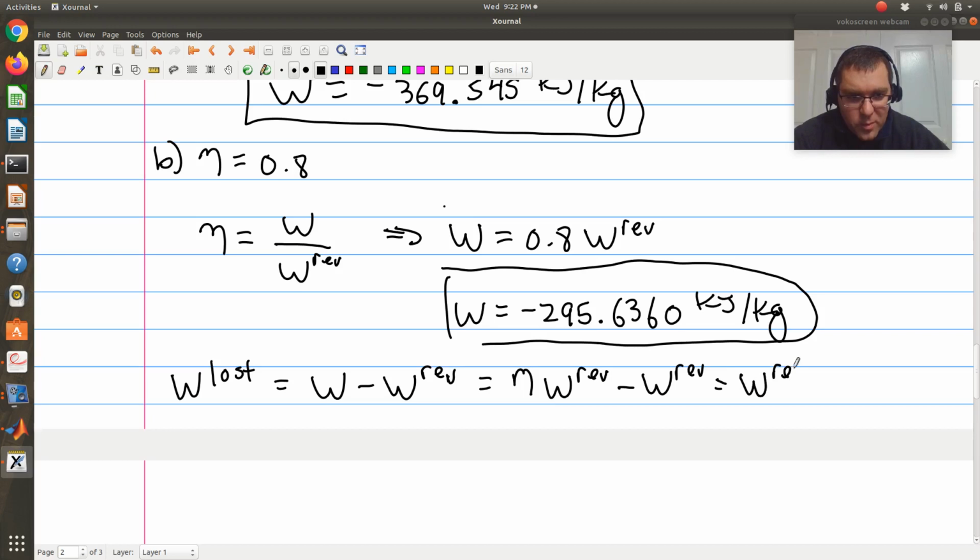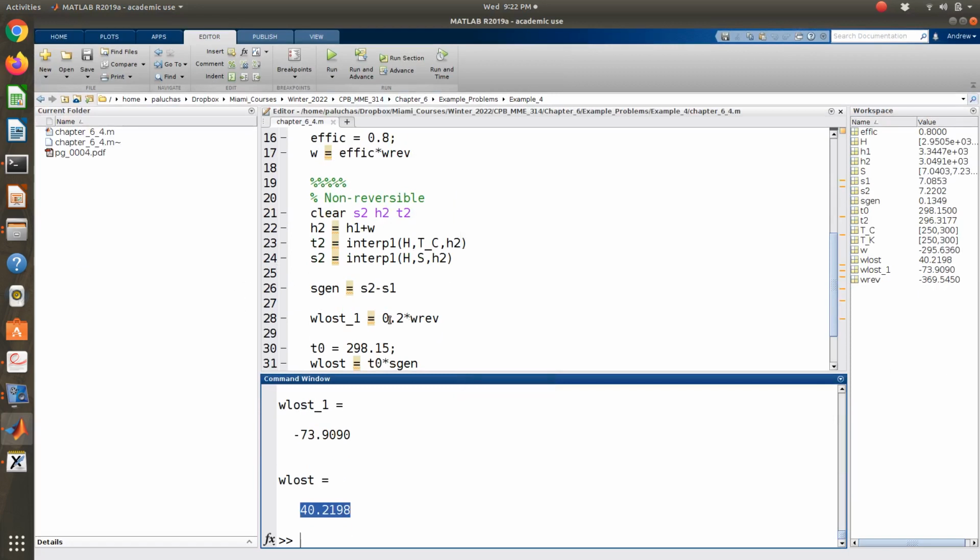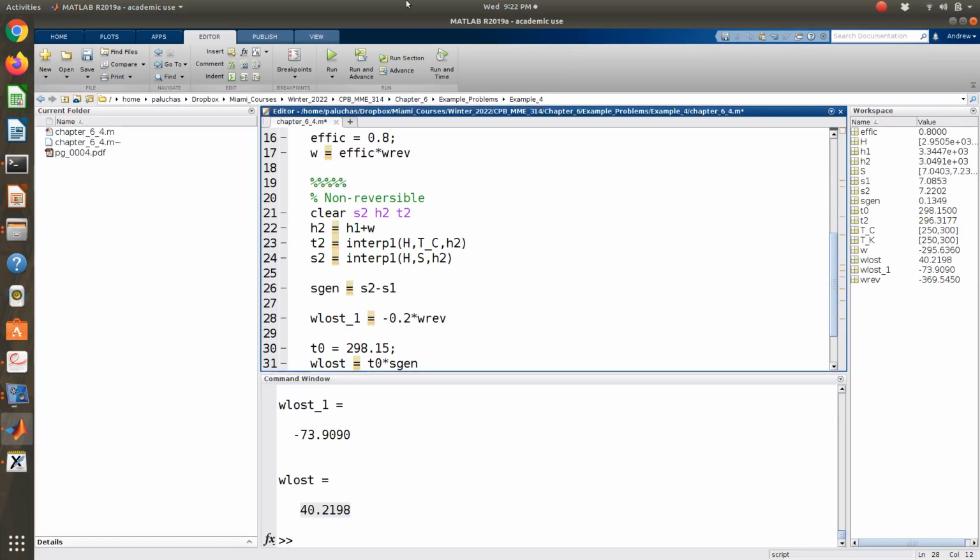So that's my reversible work times eta minus 1. So W lost would then be negative 0.2. The value I had before was correct, it's just the sign needed to change. When I computed the difference, I just needed to change the sign to get that right.